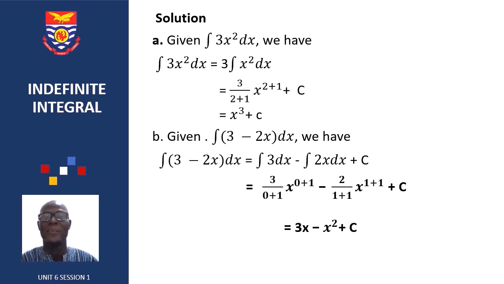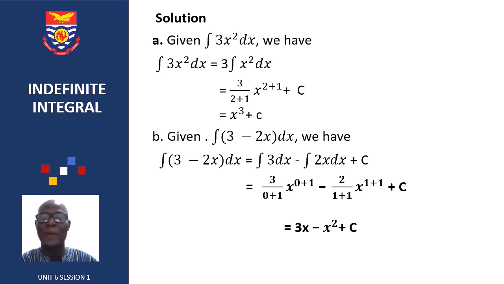Then B, the integral of 3 minus 2x dx is given, then this gives the integral 3 dx minus the integral 2x dx, then plus c. Now the 3 is a constant, so we factor it out so that we have 3, the integral dx.